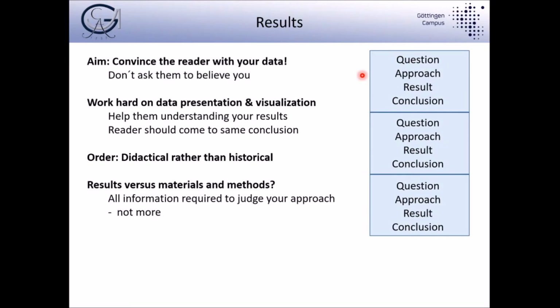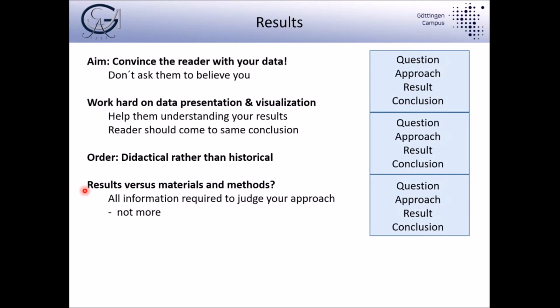Sometimes there's a confusion about what parts, what details of the method should be in the results section and what should go to the materials and methods. Essentially, all information that is required to judge your approach should be in the results section, but not more. For instance, it is important to know how many repetitions you did. It is important to know what statistical tests you used.